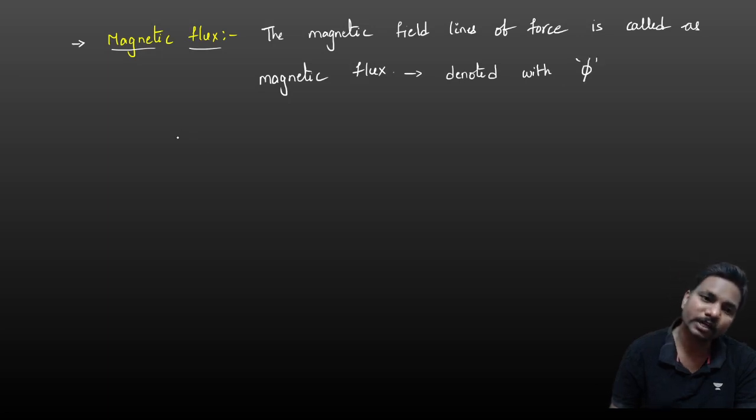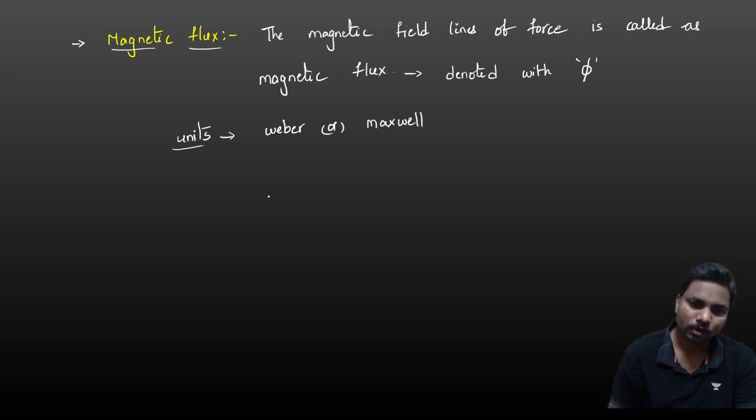And the units are very important now. What are the units of flux? Weber, or one more unit, Maxwell. Maxwell is the smaller unit. 1 Weber is equal to 10 power 8 magnetic lines of force. That means 1 Weber is equal to 10 power 8 Maxwell.